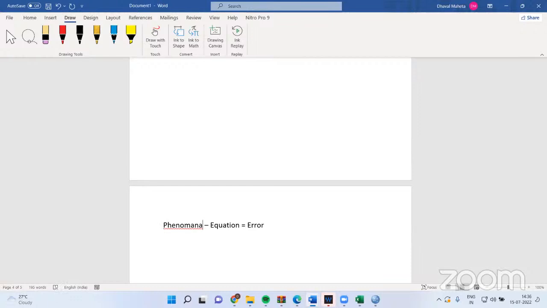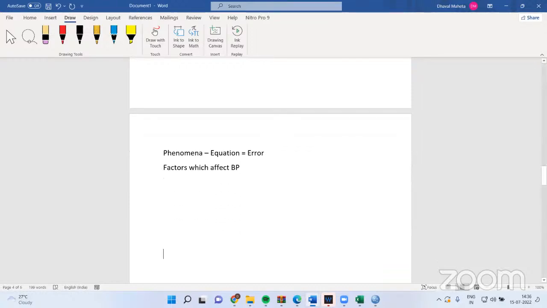Now, let me explain by giving you a simple example. Tell me the factors which affect blood pressure. Which affect blood pressure? Go.